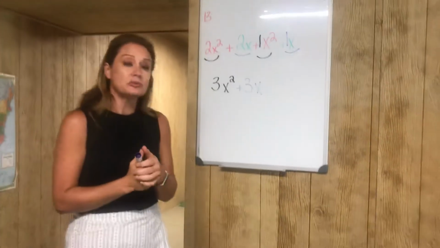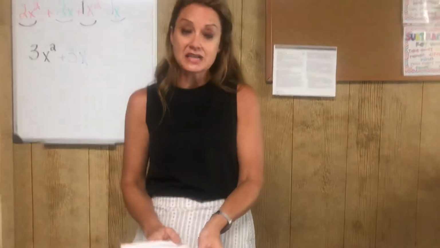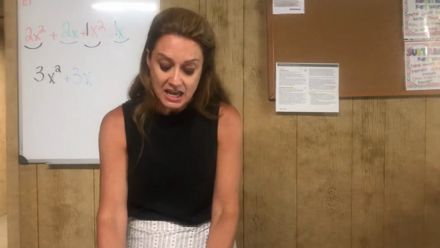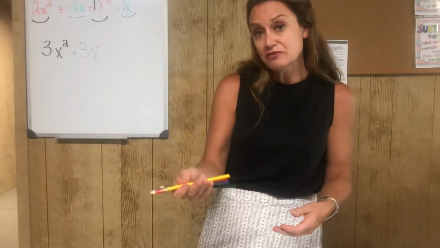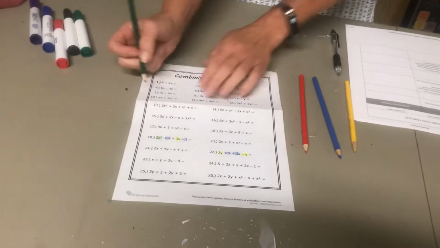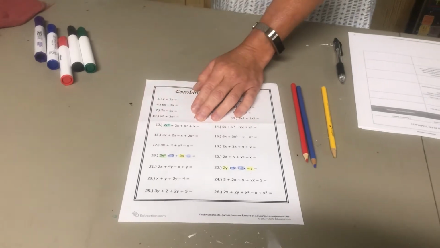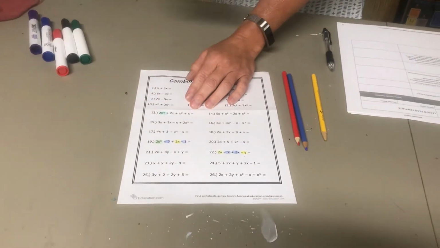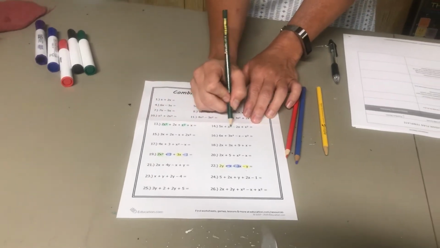All right? So parents, learning coaches at home, something I'd like for you to do to help your student understand this is just grab some colored pencils. Maybe you could do a few with the student and then let them do them on their own. So in this case, we're going to use green for anything we see with an x squared. When kids first start getting this, I just go ahead and have them color code the whole worksheet.